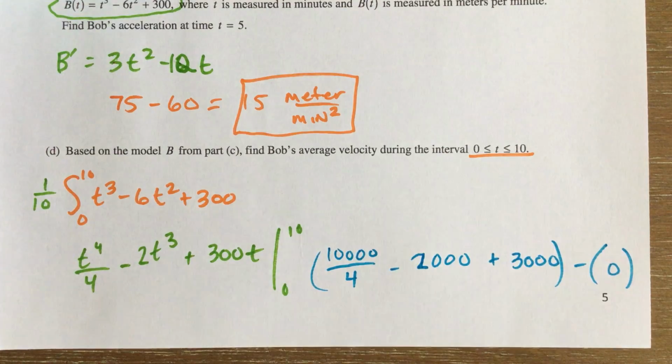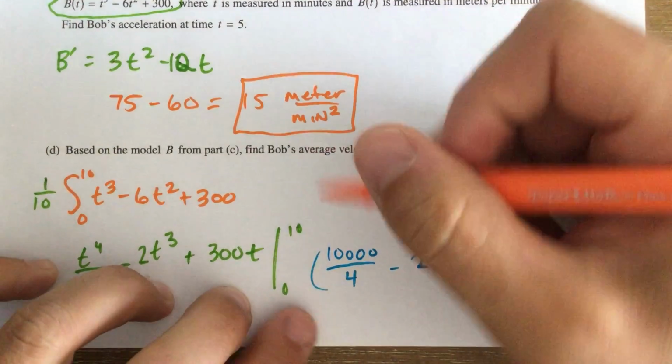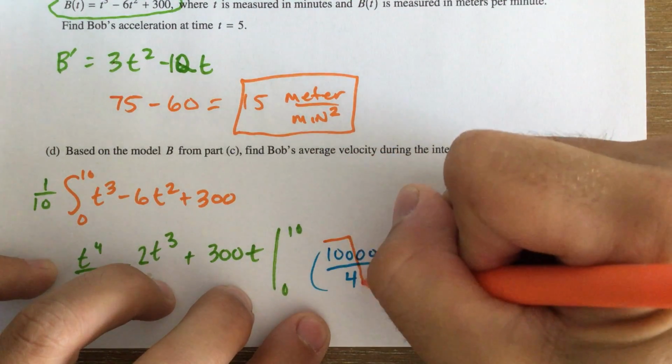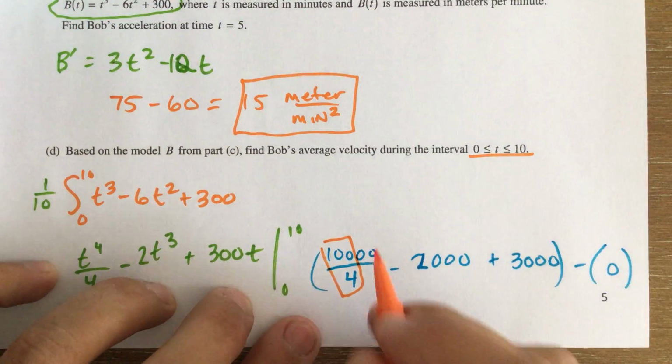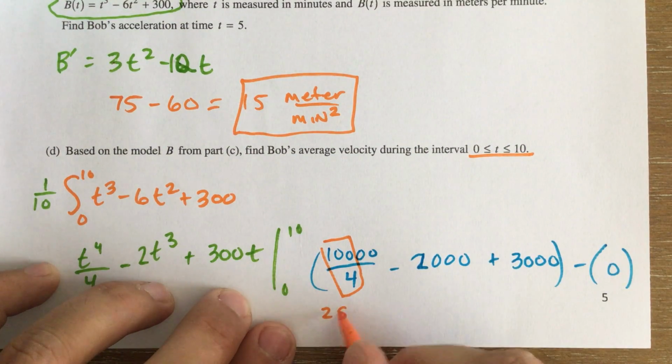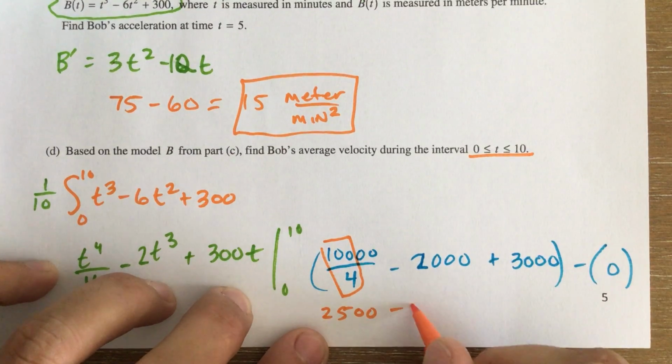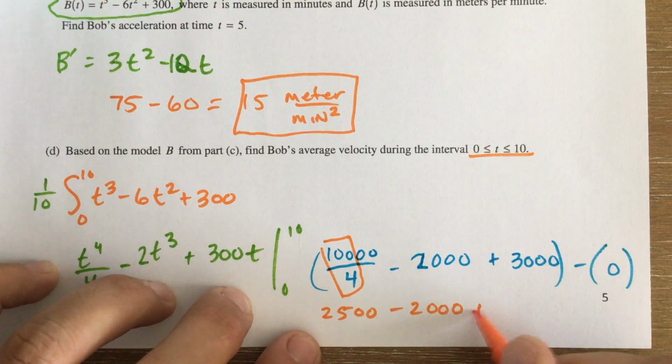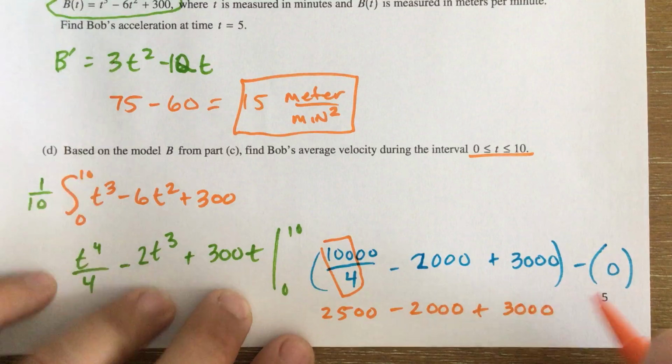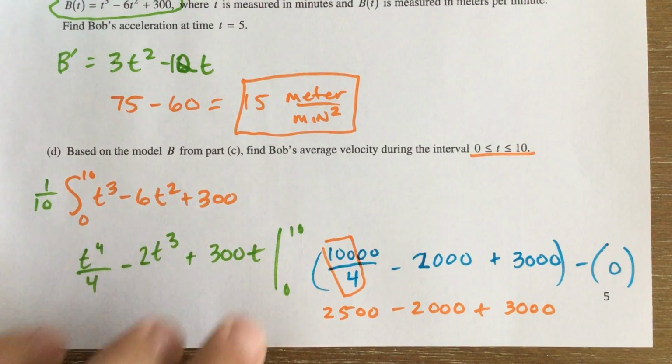All right, let's try to figure out some fancy math here. That right there is going to be 25 with 2 zeros. So 25 with 2 zeros minus 2,000 plus 3,000. Don't forget to divide by 10 at the end.